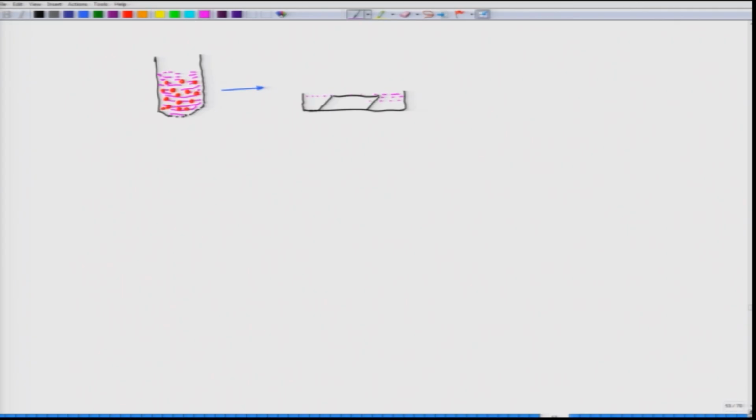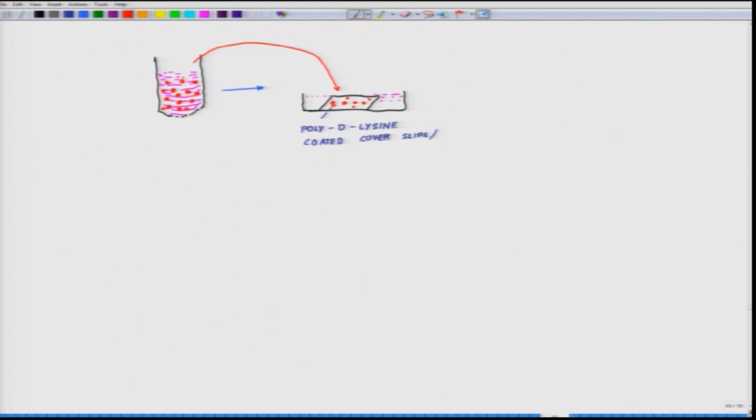Before putting medium, you take a small part of this cell suspension, and of course, I missed out on one point: these are poly D lysine coated cover slips or glass. So, on this you take a small amount of suspension first, and you try to plate the cells like this.